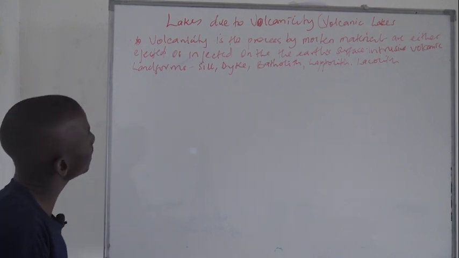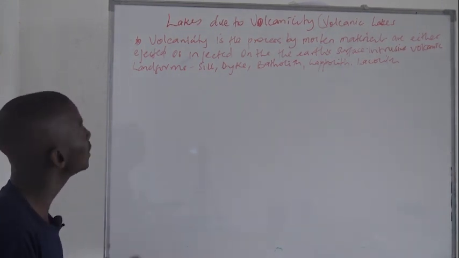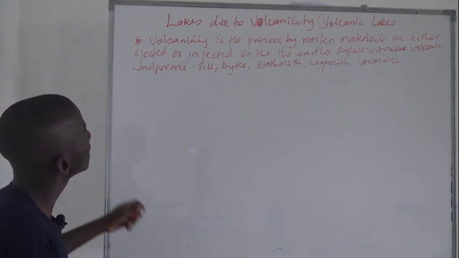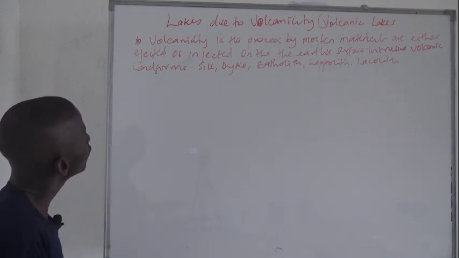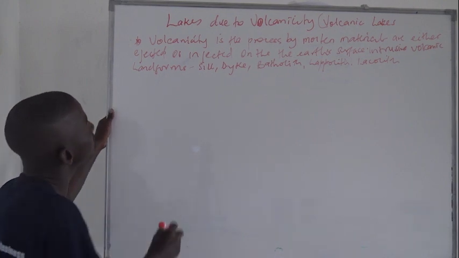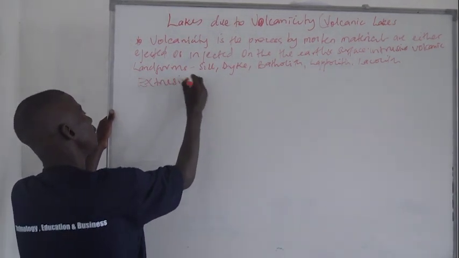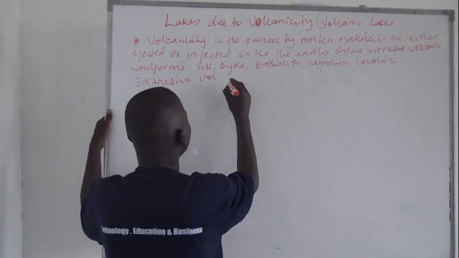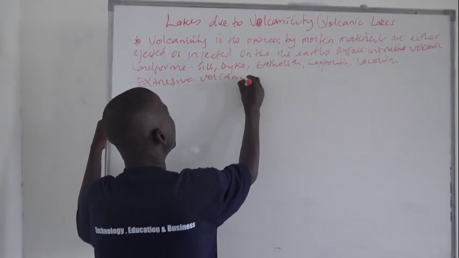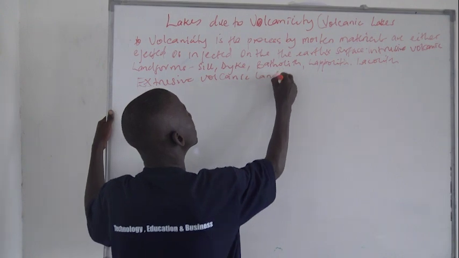Our today's topic is not about volcanicity, but I want to bring you towards these lakes due to volcanicity. After the intrusive volcanic landforms, we also have extrusive volcanic landforms.